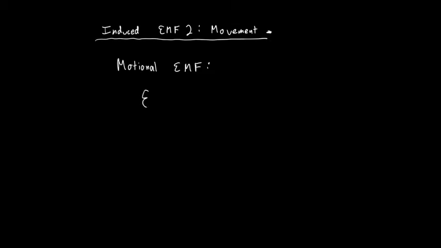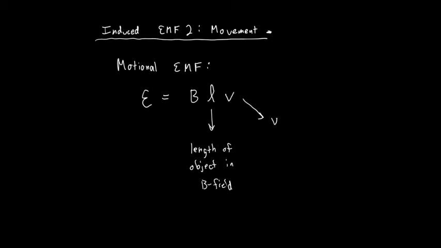And your motional EMF, E, is equal to B, your magnetic field, times L, where L is the length of your object in the magnetic field, and V, which is going to be the velocity of the object moving through that field.